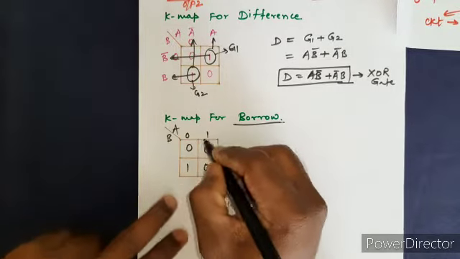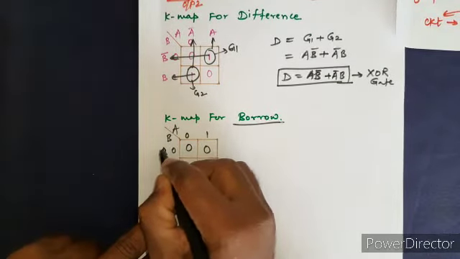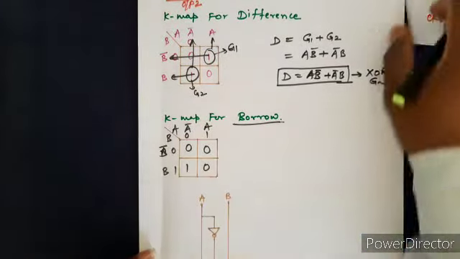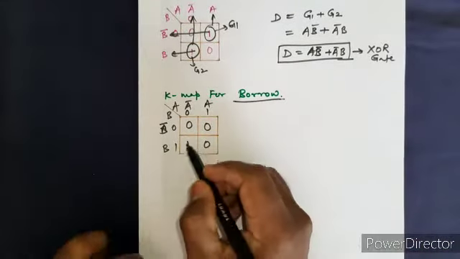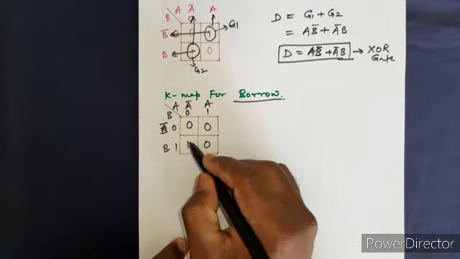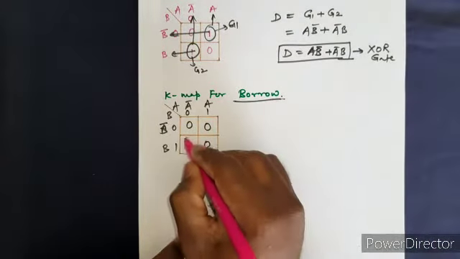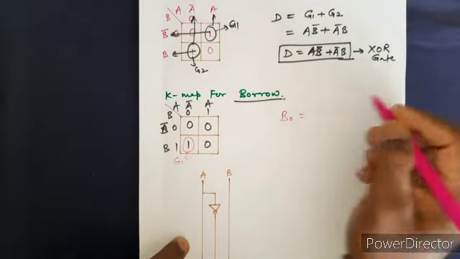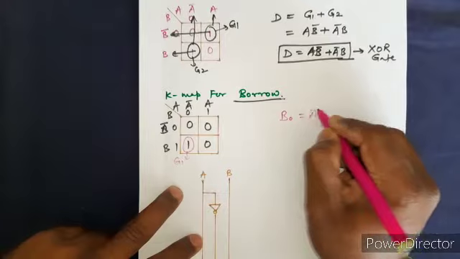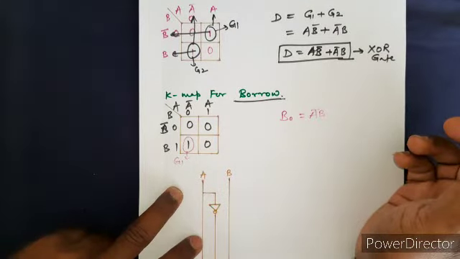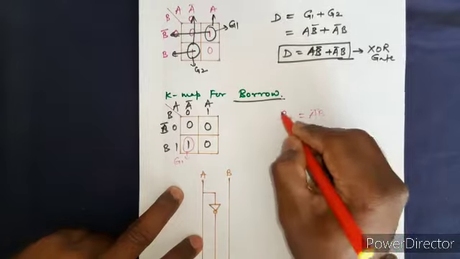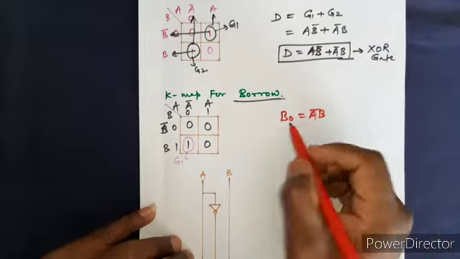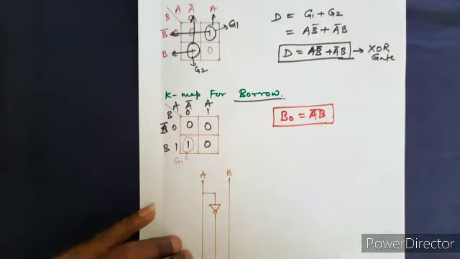This is A B, 0 1, 0 1, this is B bar, B, A bar, A. Now since here we have only one entry of binary 1 in one of the cells, only one group is formed. This is group 1, so borrow equals group 1, which is A bar B. Borrow equal to A bar B. So this is the equation for borrow.